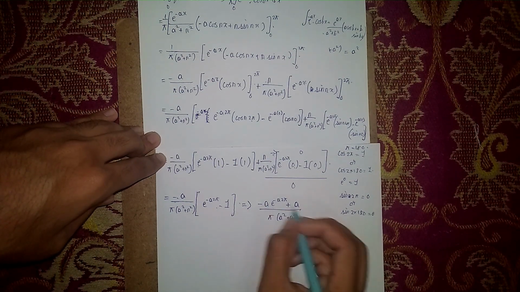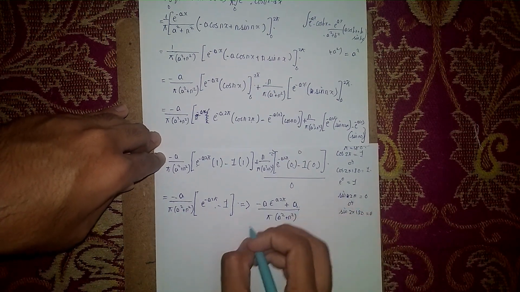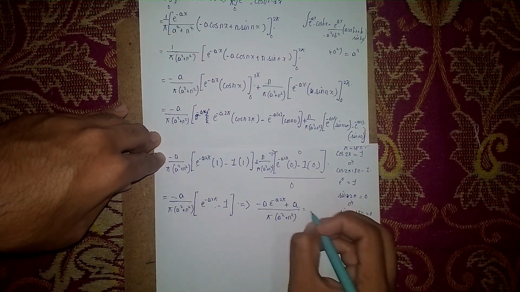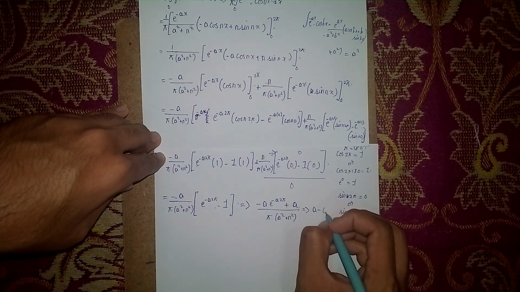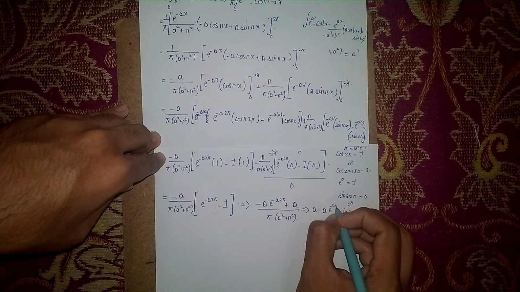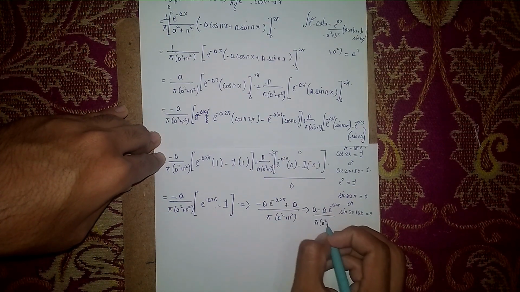Now you take first the positive term, then the negative term. So it becomes a minus a into e power minus a 2 pi by pi a square plus n square.